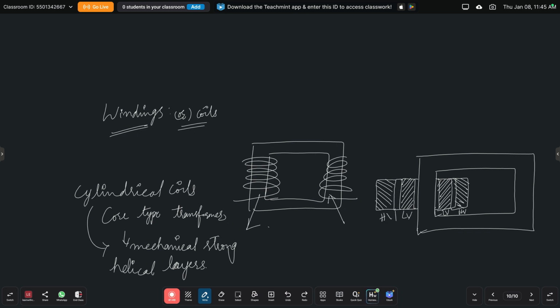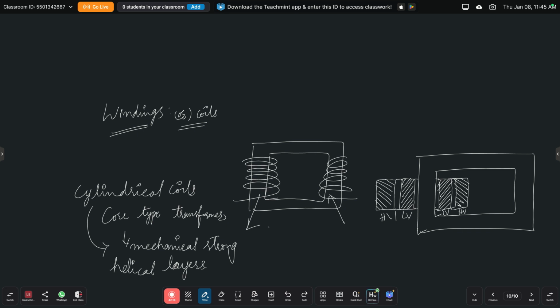The other type of coils, very commonly used for the shell type transformer, is the sandwich coil. So we have cylindrical coils and sandwich coils. The cylindrical coils are used in a core type transformer, and the sandwich coils are used in a shell type transformer.